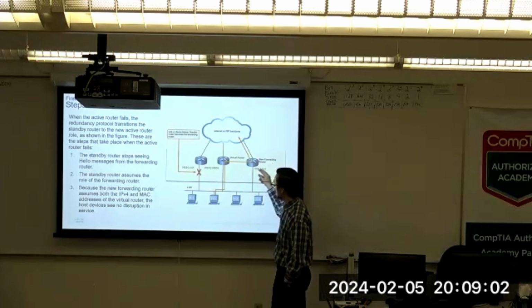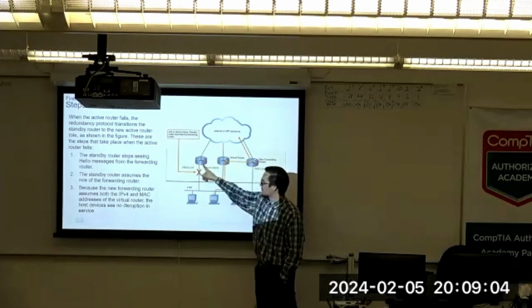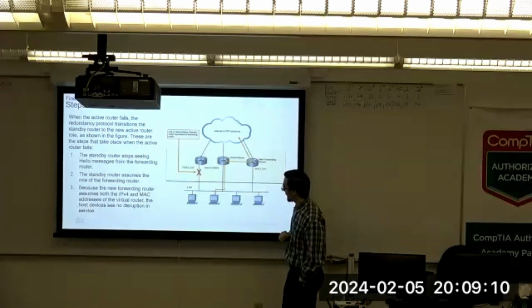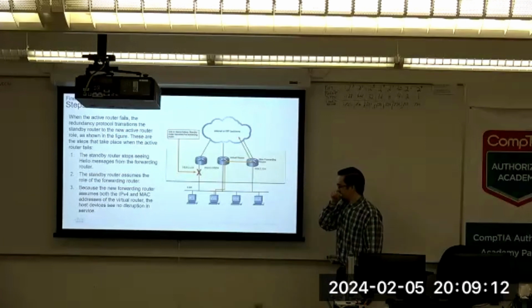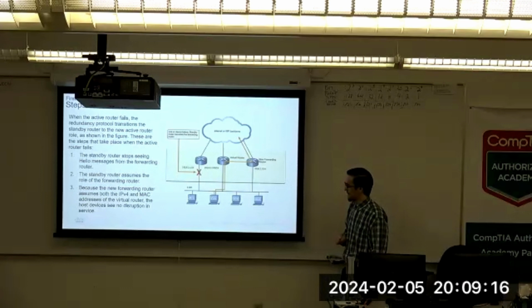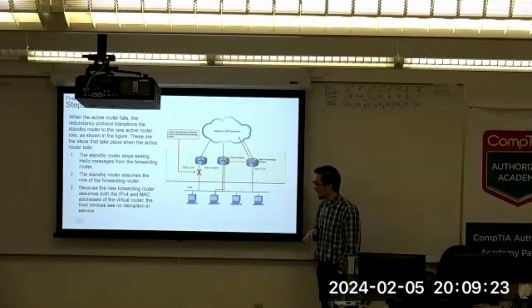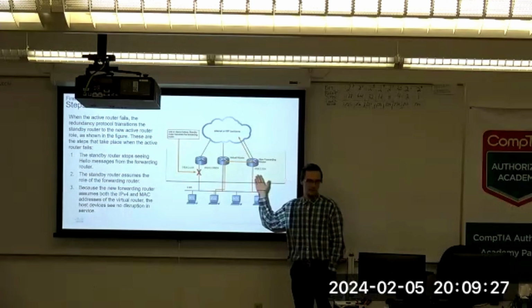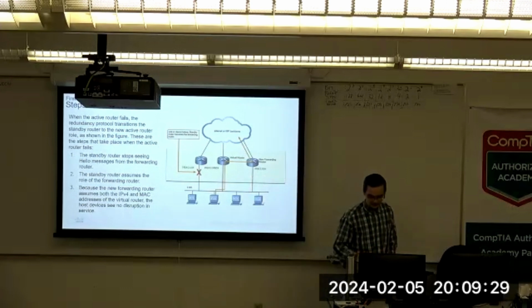This one stopped getting messages through the LAN from that router. So now it says I'm now the leader and it becomes the forwarding router. This is really no different than having that one very dependable employee. When they're out of the office, you have hopefully an equally dependable employee to fill in for their role.